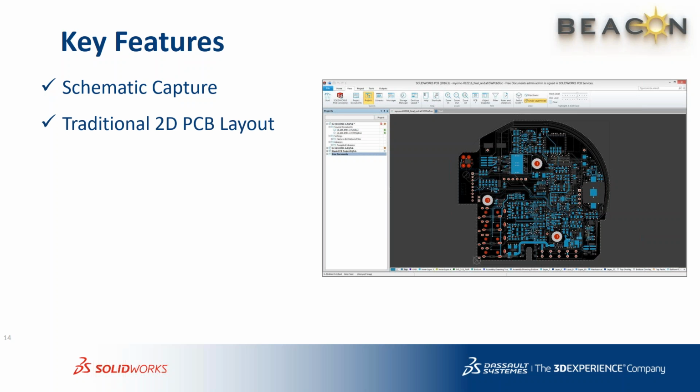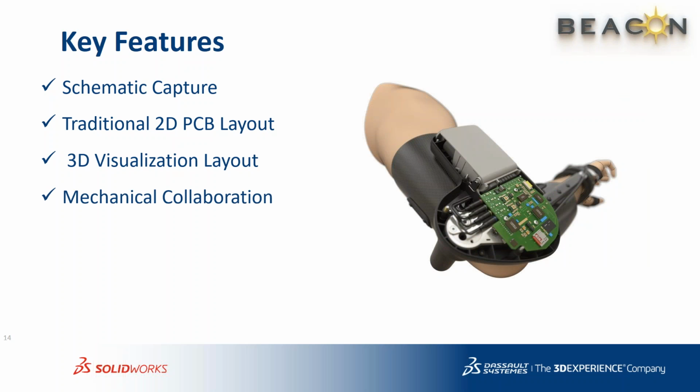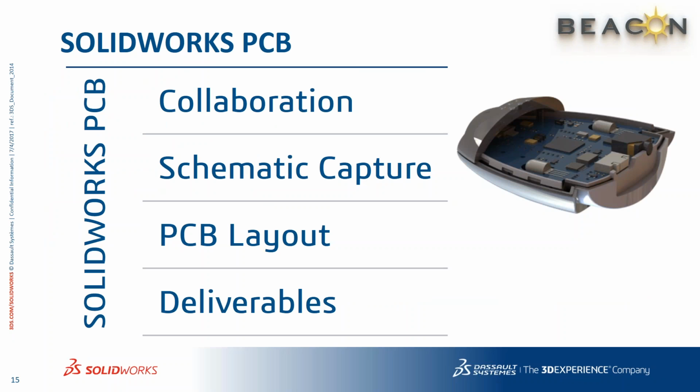After that, we have a traditional 2D PCB layout, and a 3D visualization layout, where the components used in the schematic capture can be seen in 3D. The fourth one is mechanical collaboration, the collaboration between electronic design and mechanical design. Then electrical integration, where we can integrate that design with the electrical design also.